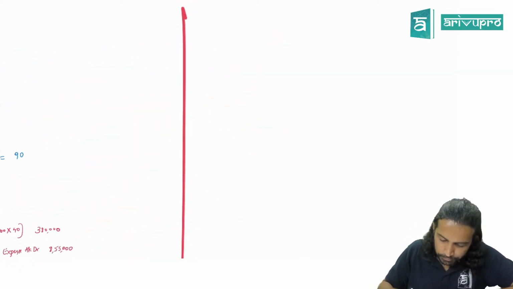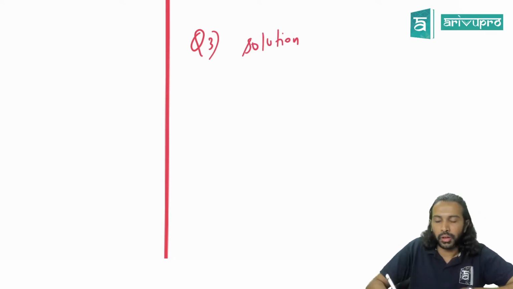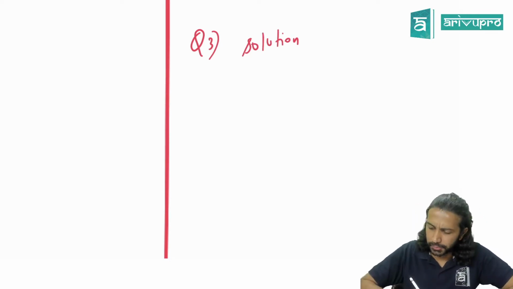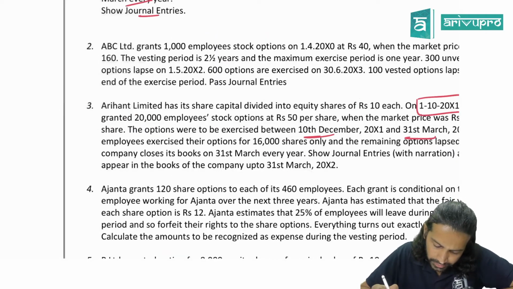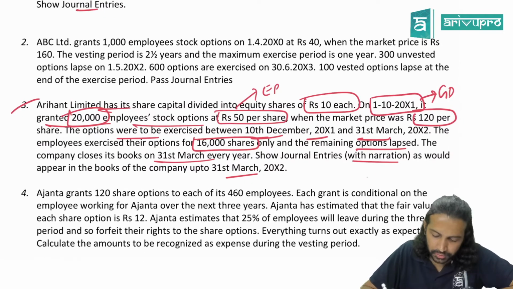Question number 3's solution. Now all the data is required or directly we'll do the journal? Directly journal. What is the date they told? 10th December and 31st March. Okay.